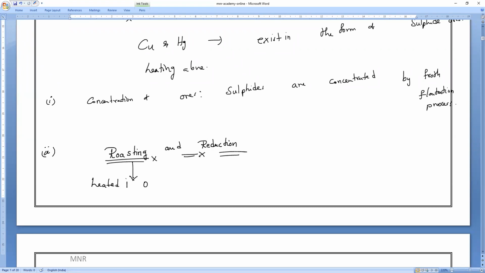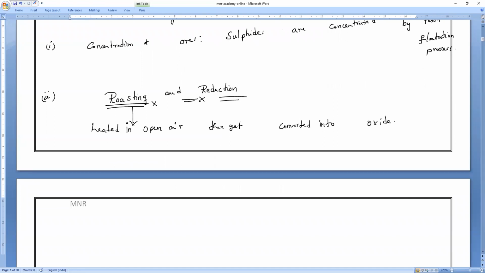Heating in open air converts the ore into oxide. And if you continue the heating, what will they be converted into? Check your notebook. If you continue heating, what will happen?